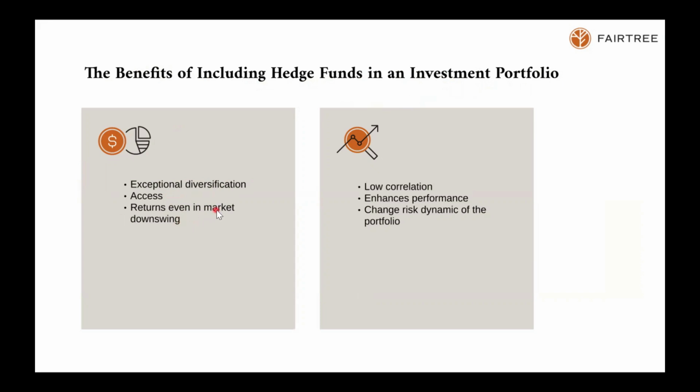This might sound strange, but as hedge funds typically show a low correlation compared to conventional asset classes, it means that they will behave differently in similar market conditions. Consequently, including hedge funds in an investment portfolio not only enhances the performance of the portfolio, but it can also be used to change the risk dynamic of the portfolio. Later in this series, we will illustrate the powerful effect of including hedge funds in an investment portfolio.